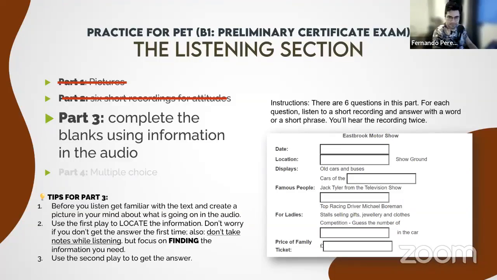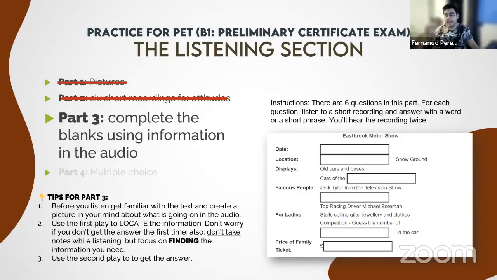Attention. So, the name of part 3 is complete the blanks using information in the audio. You have one audio, and then you will have some blank spaces in an invitation.